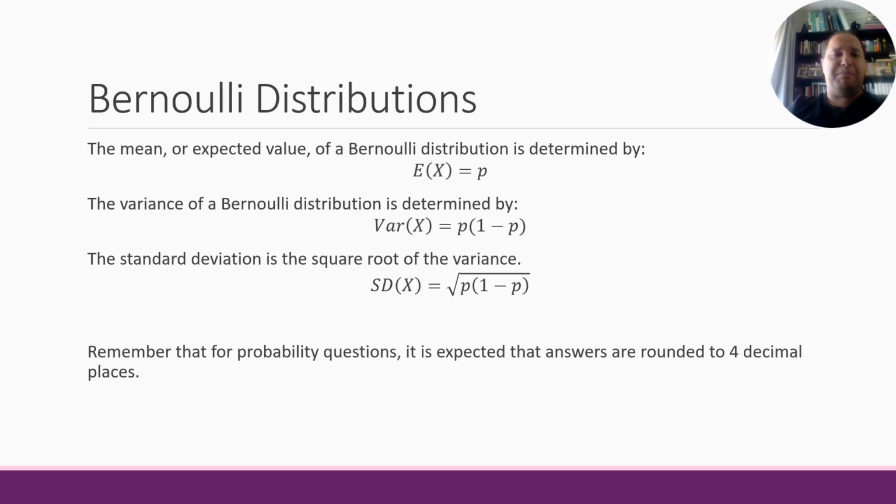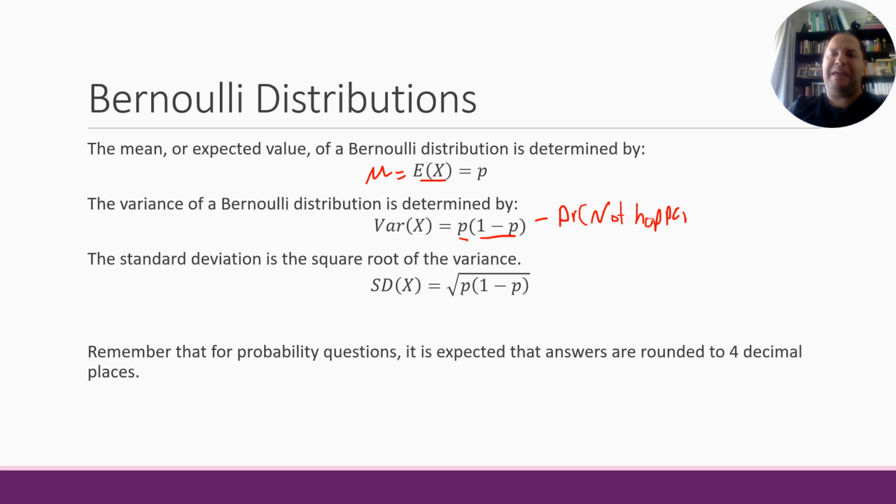The mean or expected value of a Bernoulli distribution is calculated by, so expected value is our symbol, also mu for mean. It's just p. What's our probability of the event happening? That's our mean or expected value. The variance is p times 1 minus p. Now, 1 minus p is just the probability of it not happening.